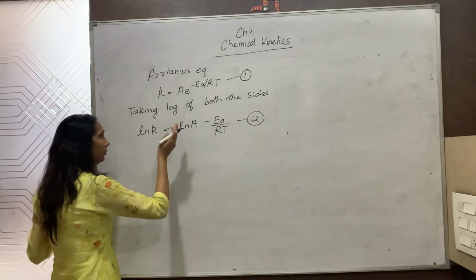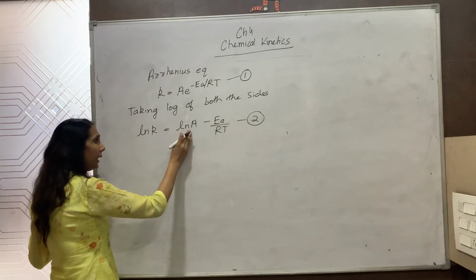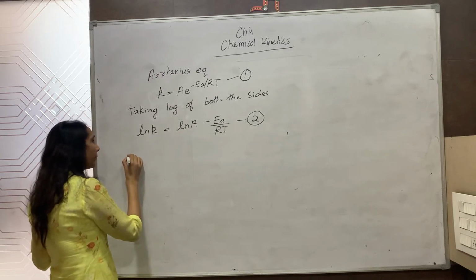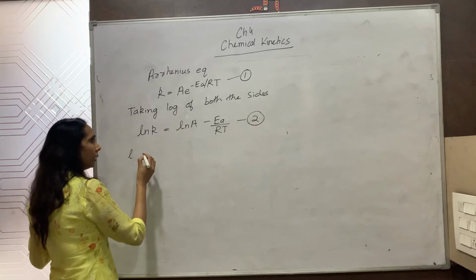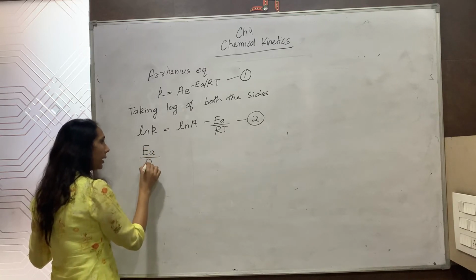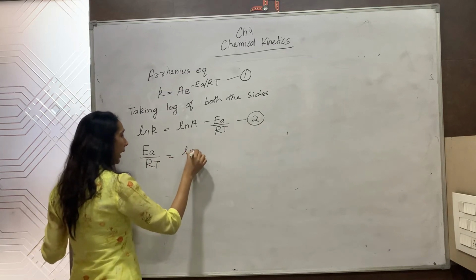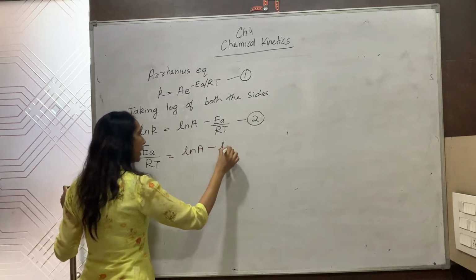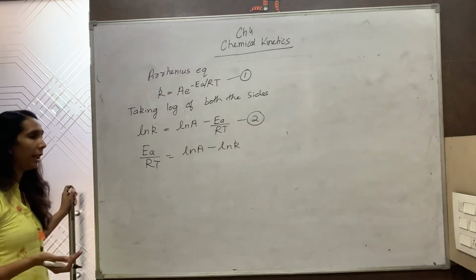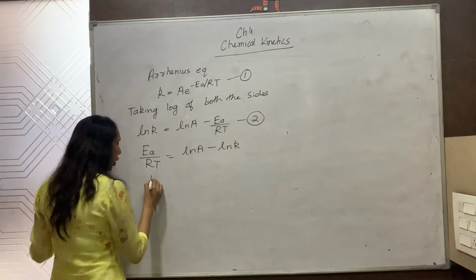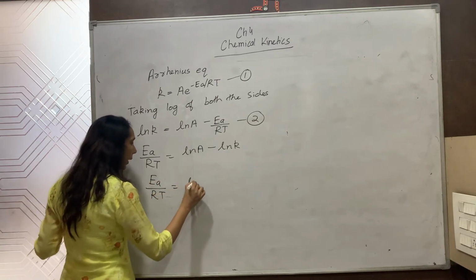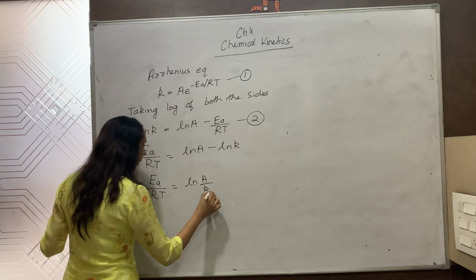Now ln k, ln A, I bring it on the same side. So Ea upon RT, I take it this side. It will be ln A minus ln k. And we know log A minus log B is log A upon B. So I can write Ea upon RT is equal to ln A upon k.